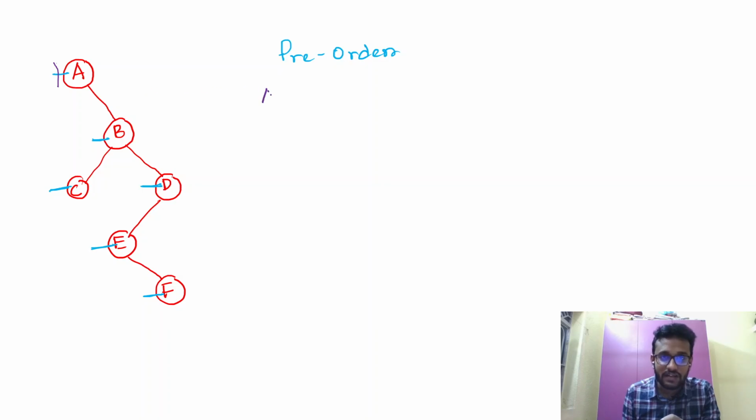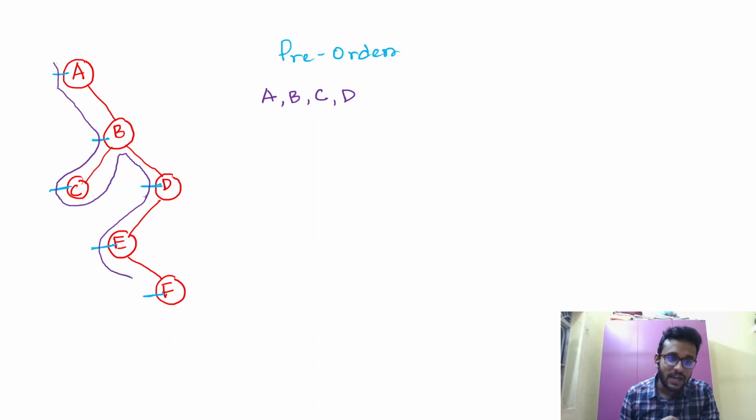A. So we write A. Now we go to B, then C. So A, then B, and C. Now where do we go? We go to B, then D, intersect, so you write D. Now we go on, intersect E, and then intersect F.